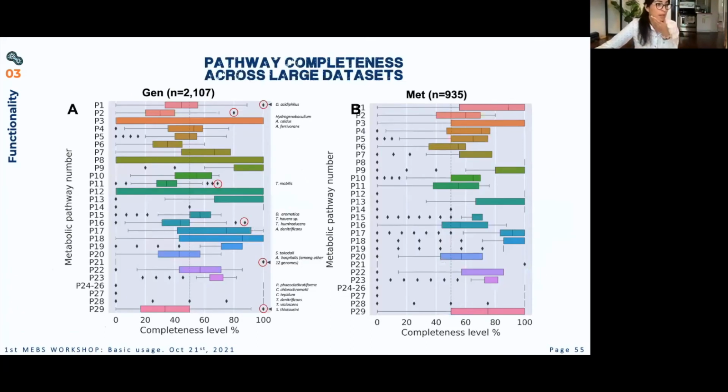And another functionality is that the pathways that you are analyzing, you can screen those pathways. Imagine, in this case, I separated all the pathways involved in the sulfur cycle, and I screened all those pathways across thousands of genomes, 2,000 genomes, and 900 metagenomes.